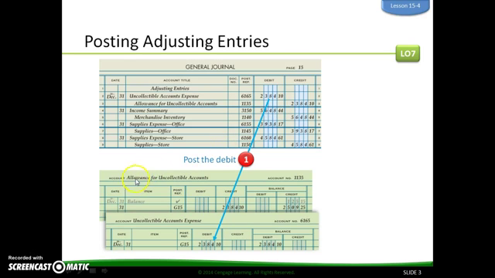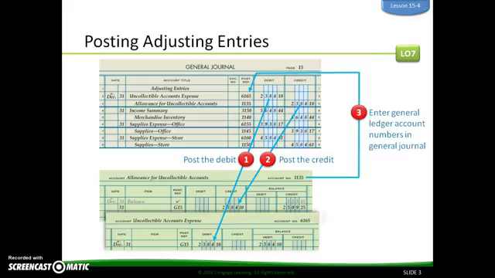So you can see in the allowance for uncollectible accounts on the 31st from the General Journal 15 that we are crediting the 2384.10, and then we are debiting the uncollectible accounts. Okay, so you can see we're posting the debit, we're posting the credit, and then we're tying through the account numbers. And so here's the account number that ties back onto our General Journal.